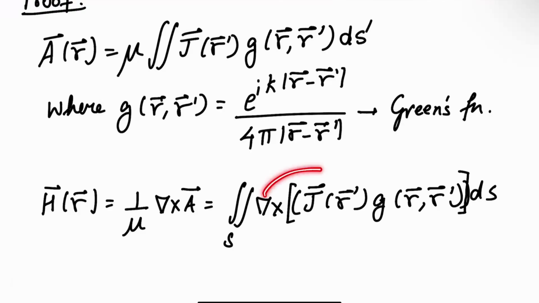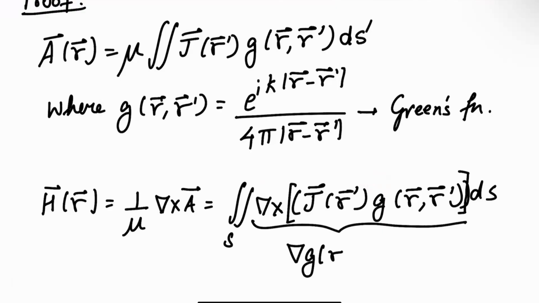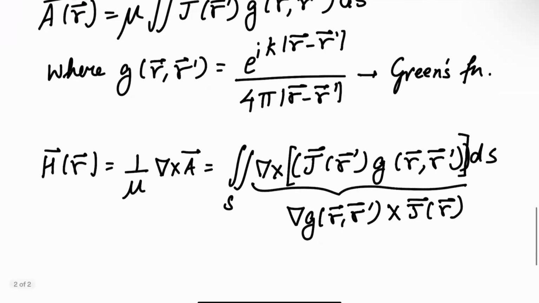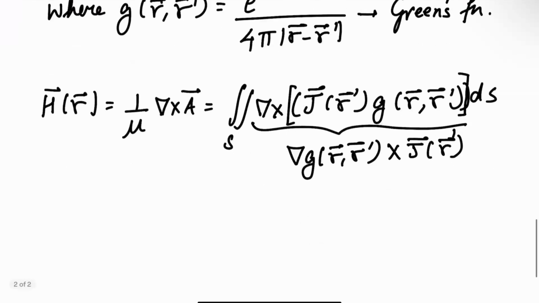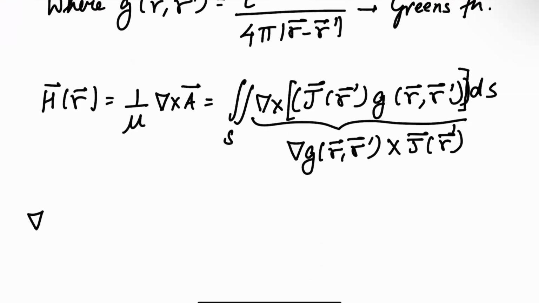So the curl only applies to G. So you have J times curl of G, and then you can use a vector identity to rewrite that as gradient of G cross J of r prime. We can compute the gradient of G because we know what G is already.